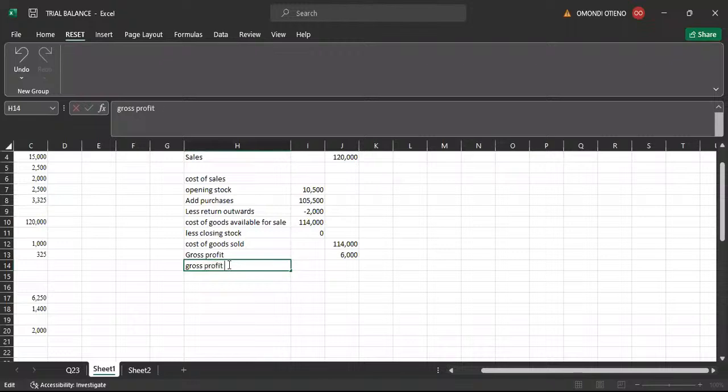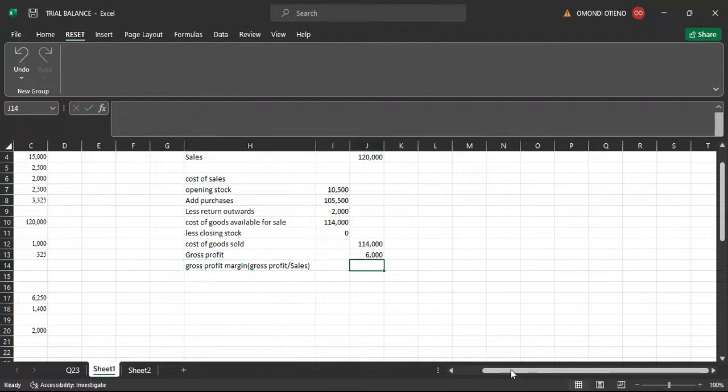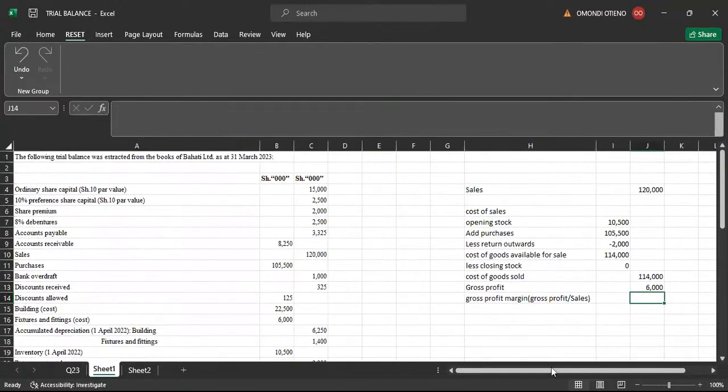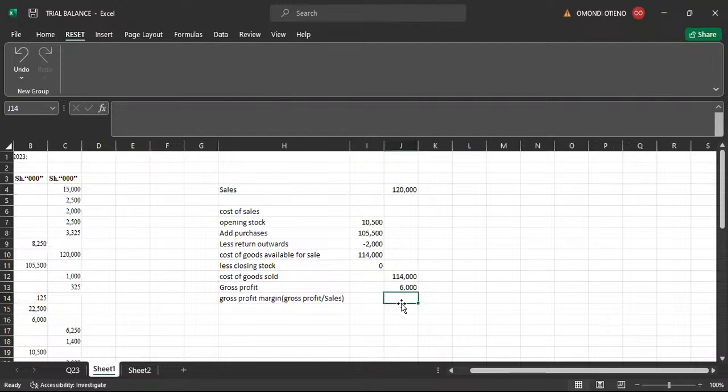Gross profit margin is going to be gross profit over sales, and not just sales, net sales. So gross profit margin is equivalent to, what are they telling us here? Gross profit margin is equivalent to 20%.